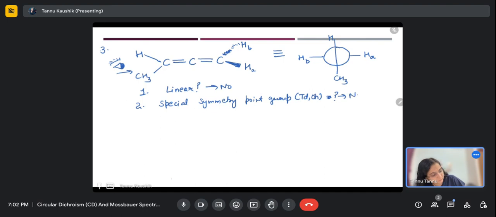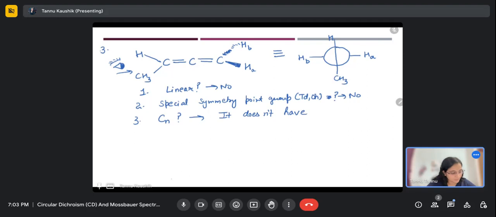No. Then Cn, that is, what axis of rotation is present in the molecule? It doesn't have a Cn axis.